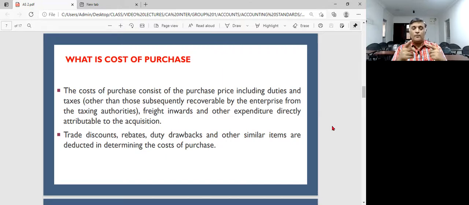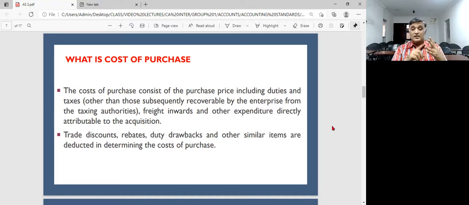For example, duty drawback. When you pay customs duty and when you export the same item, there is a possibility of getting a duty drawback. So you please ensure that the part of the duty which is getting drawn back, you don't include as part of the cost of purchase. So it's either a GST credit or a duty drawback. For that example, that portion of the duties and taxes will not form part of the cost of the product.